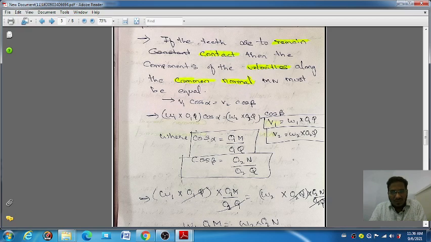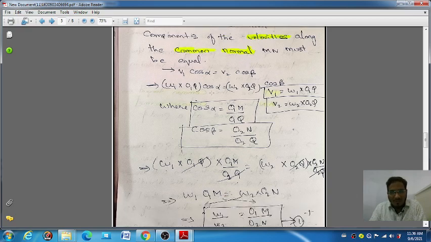Then cos alpha is equal to O1M1 by O1Q. Cos theta is equal to adjacent by hypotenuse, so with the help of the right angle triangle we find cos alpha as O1M by O1Q, and cos beta as O2N by O2Q.